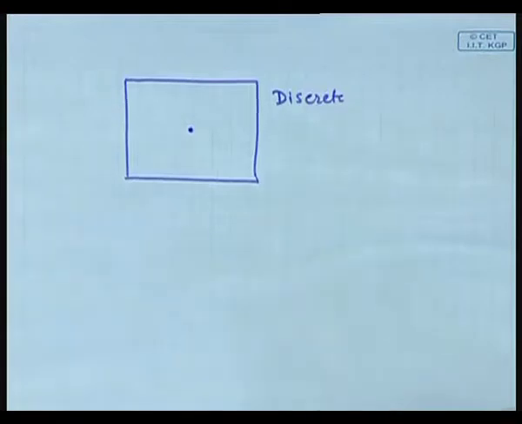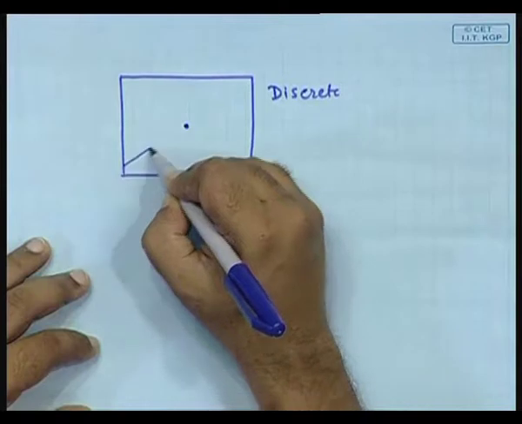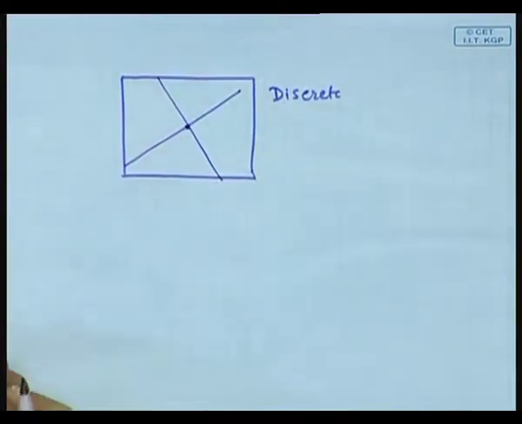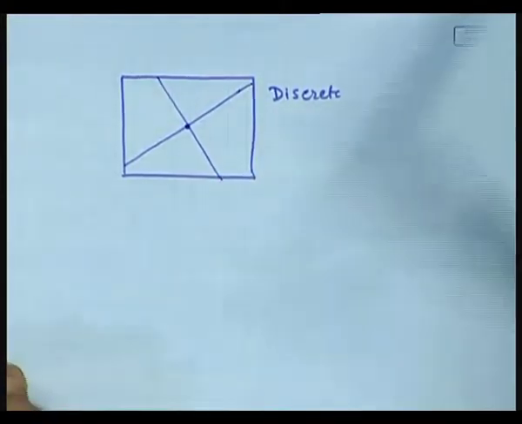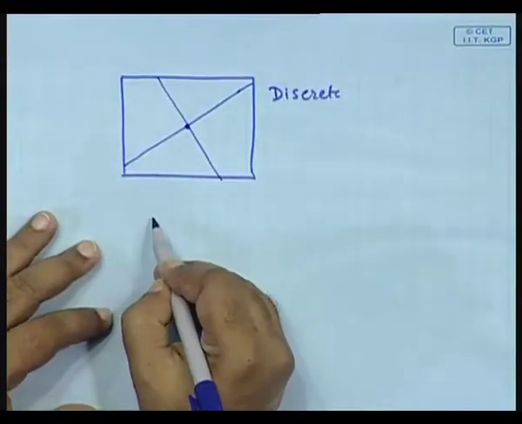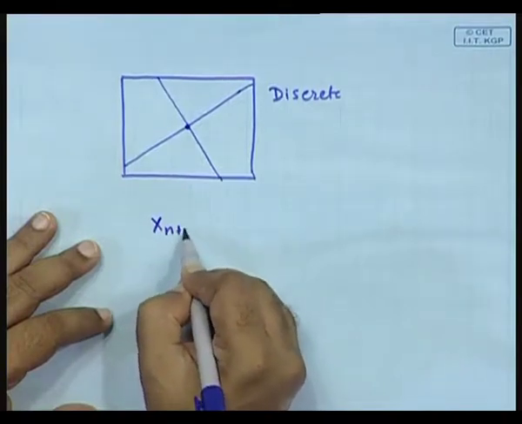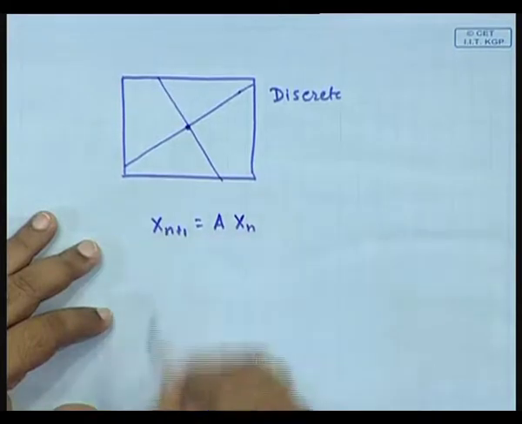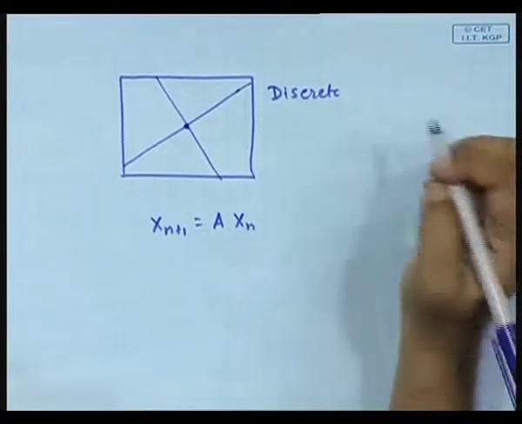So, if this matrix yields real eigenvalues, then there would be real eigenvectors also. So, this is x n plus 1 is equal to A, that matrix, times x n. These x n plus 1 and x n are vectors.